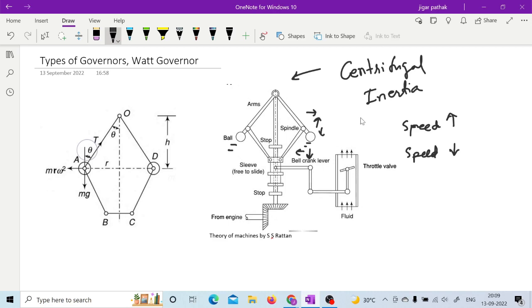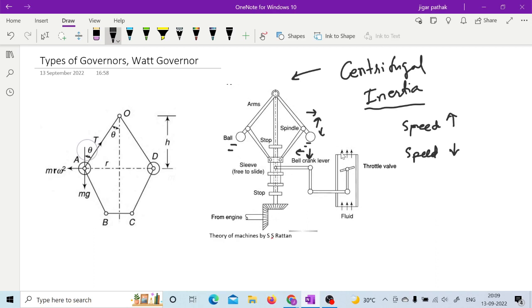But in case of the inertia governor, the angular acceleration and deceleration of a disc is also going to take part in deciding the movement of the sleeve, right? So in addition to the flyball's mass, the inertia of the disc on which those flyballs are attached is also going to take part in deciding the opening and closing of this throttle valve, which is supplying the fuel.